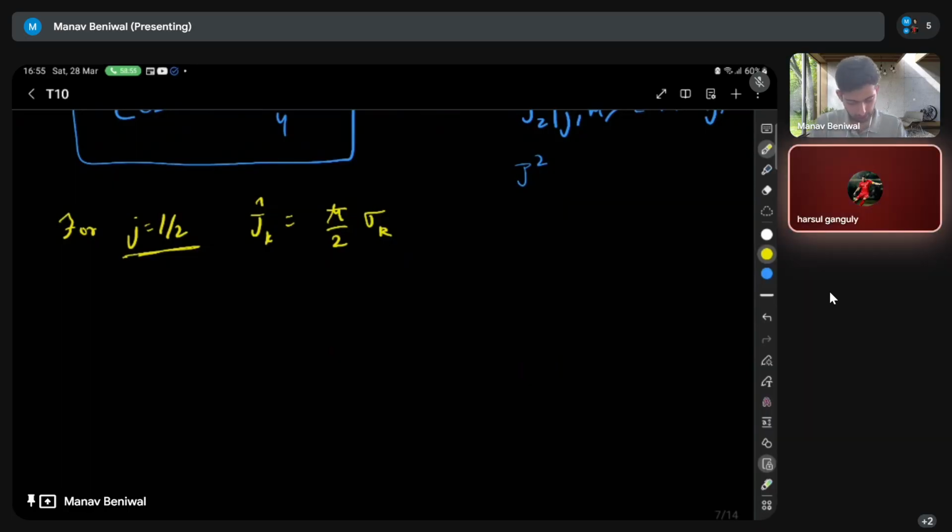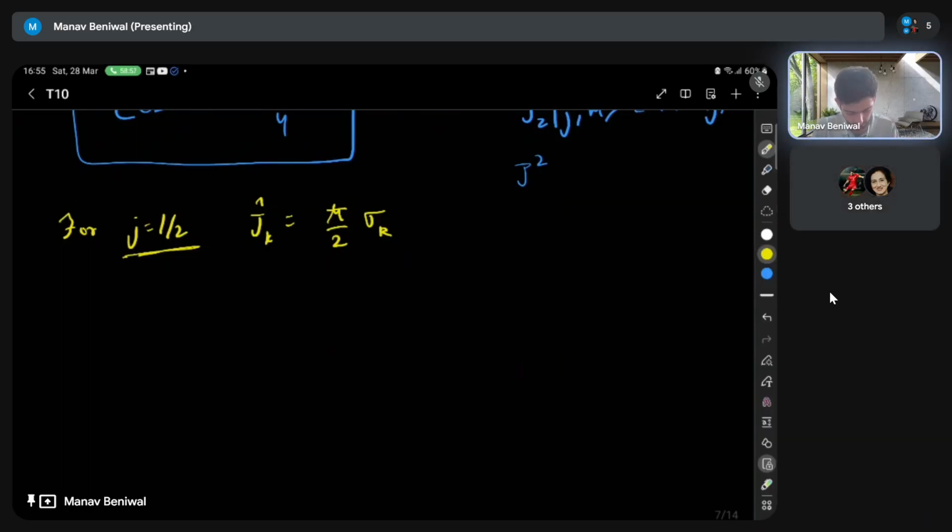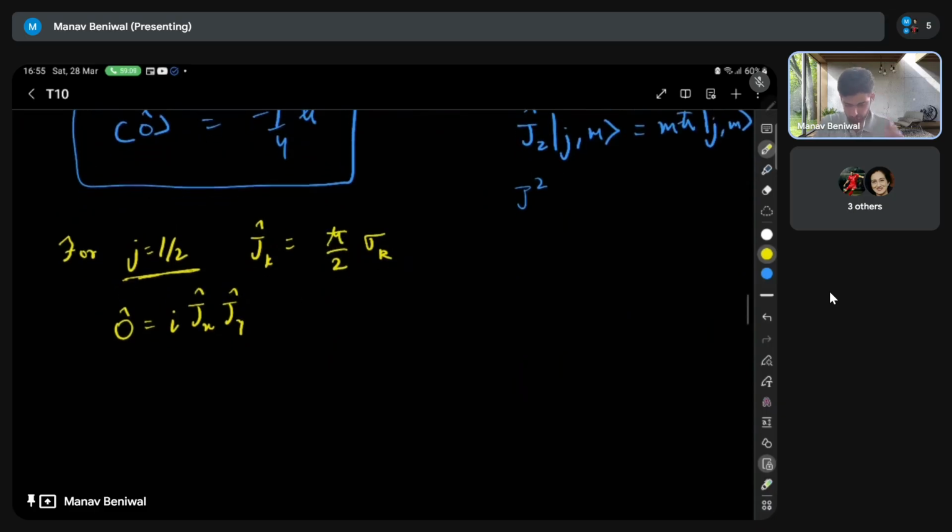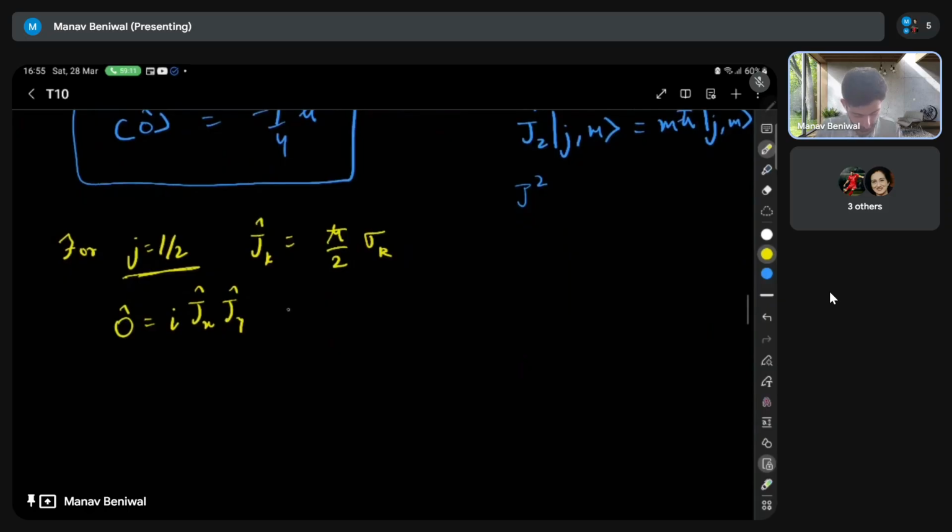Okay, so then our operator O, what was it? It was i jx jy. Now for jx jy we'll substitute these things. So it becomes iota h cut squared by 4 sigma x sigma y.